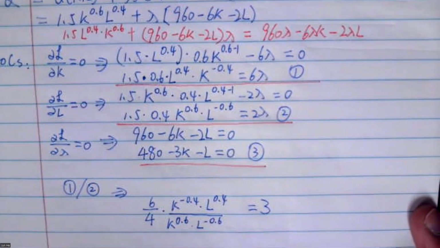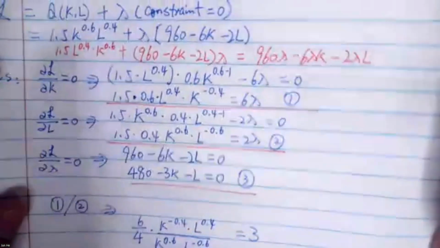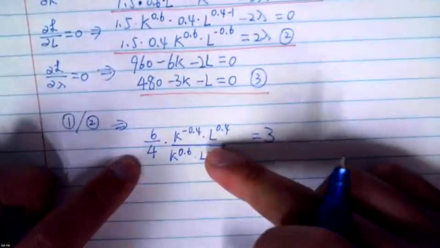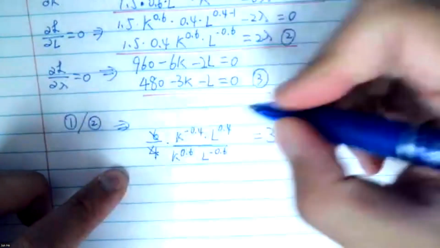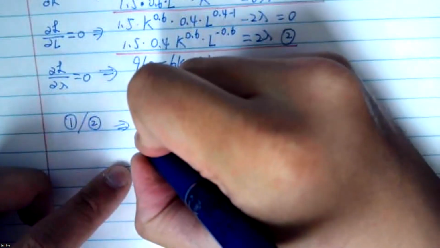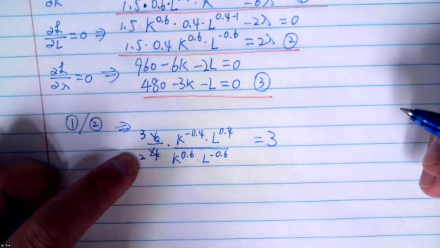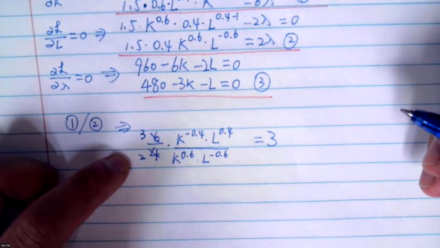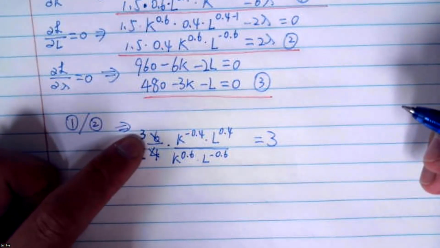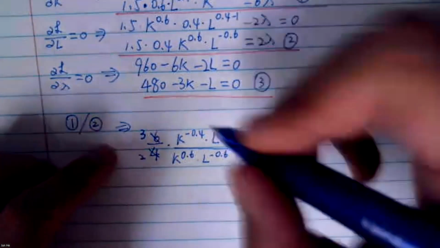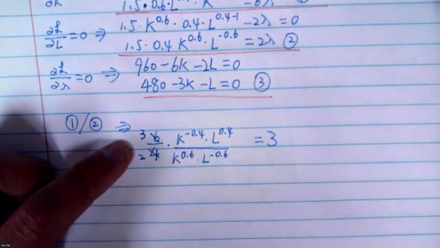Okay. And here we can further rearrange. So here divide by 2. It's 3/2, right? 6/4 is 3/2. Right?